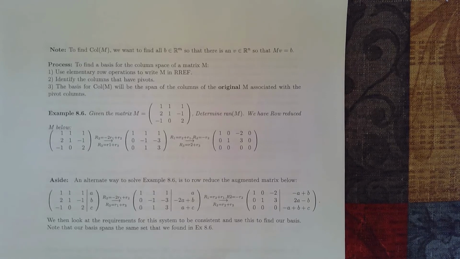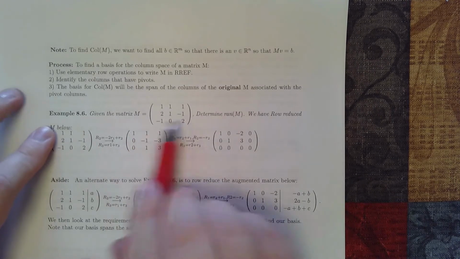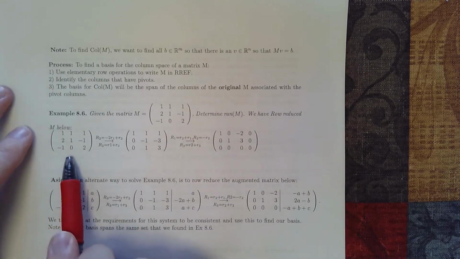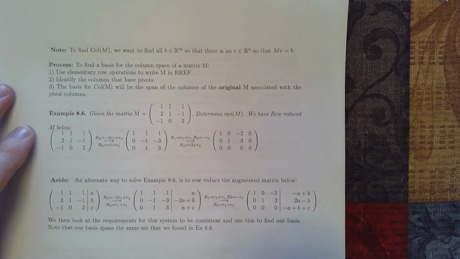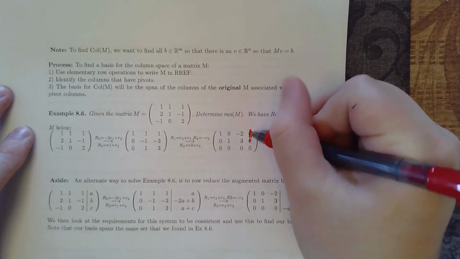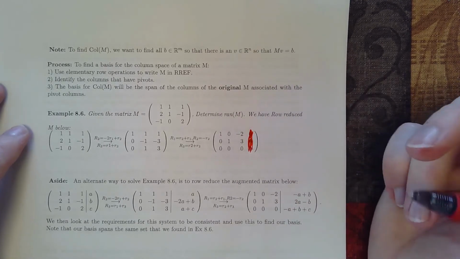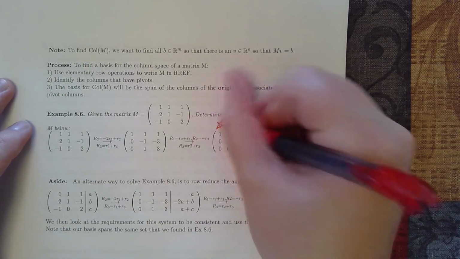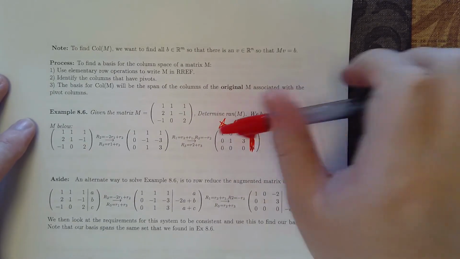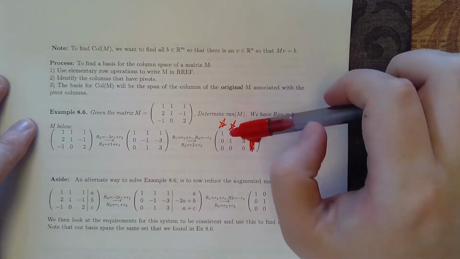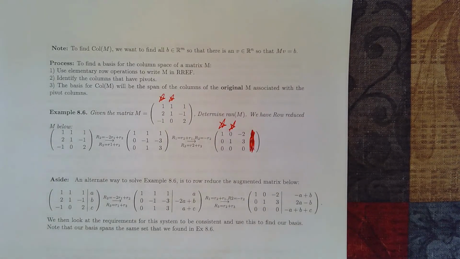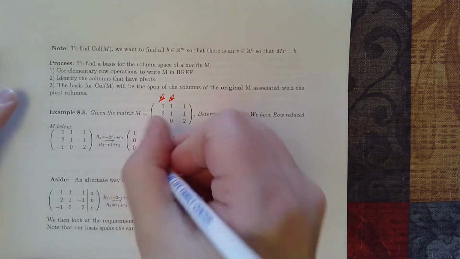So if we had our matrix here that we started off with, and we want to determine the range space for it, what we do is we'll first get it into reduced row echelon form. Once we've gotten it into reduced row echelon form, we're going to look for our columns with our pivots, so our leading ones, and whatever the columns were in the original matrix are the columns that we get to use in order to create our basis for our column space.